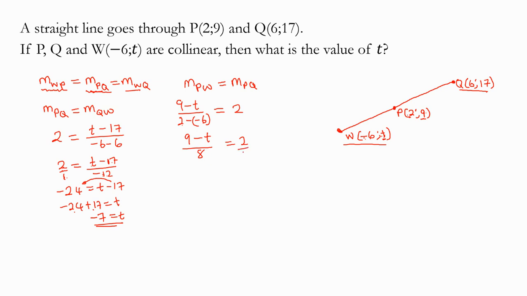Cross multiply here: 8 times 2 is 16, which is equal to 9 minus T times 1, which is 9 minus T. Then we bring the 9 to this side: 16 minus 9 is equal to negative T, so 7 is equal to negative T. Divide both sides by negative 1, and negative 7 is equal to T. You see that we're getting the same answer.